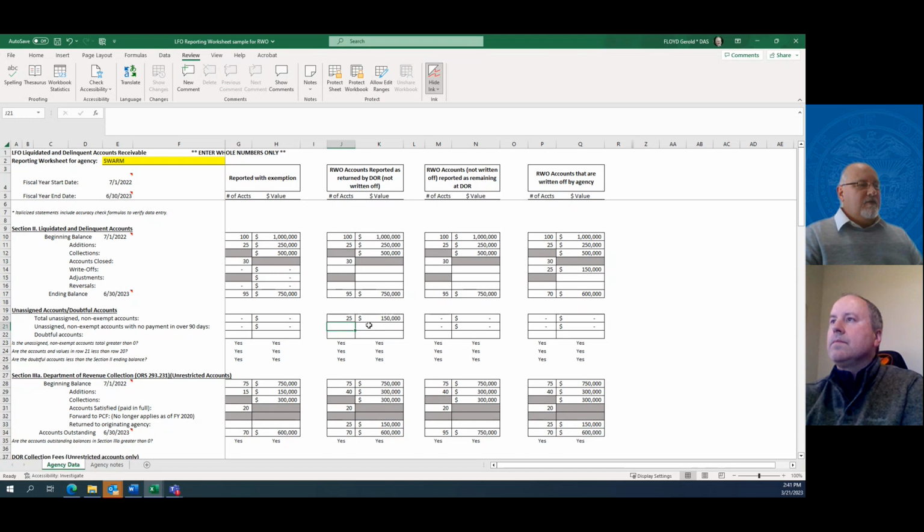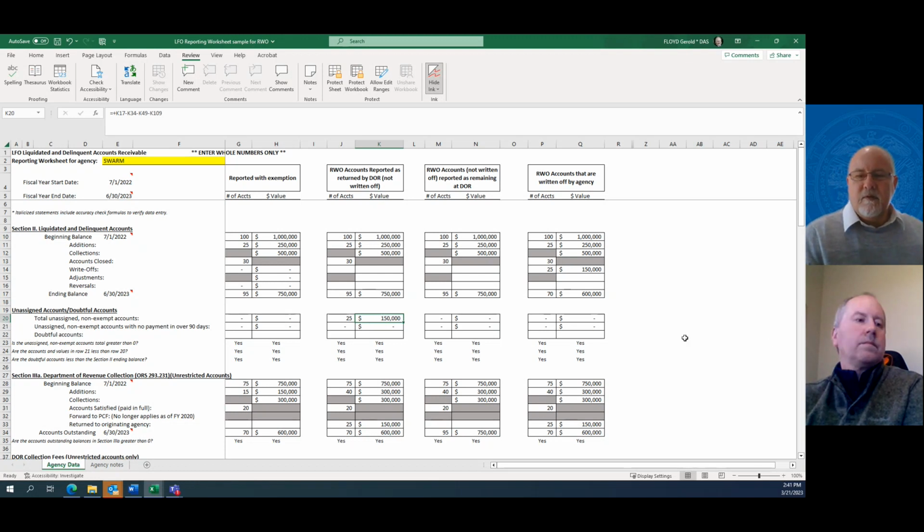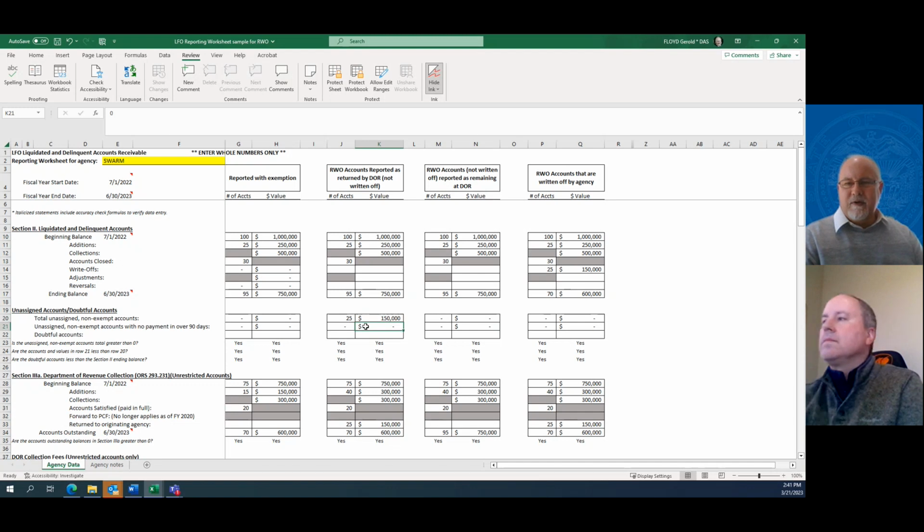If this is 0, that is perfectly reasonable to put in there so long as these accounts have had a payment. Basically, you're still within what you were supposed to do as an agency, which is if you've not had a payment for 90 days, you need to assign it. But since you are getting payments, it's not yet subject to assignment. It's the values that are in this row that we're worried about.